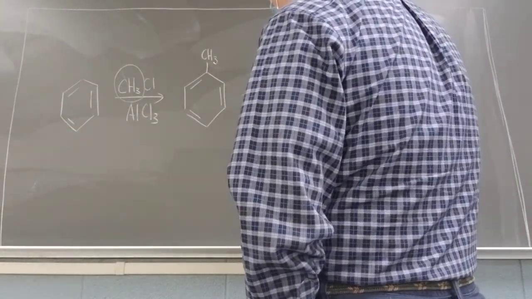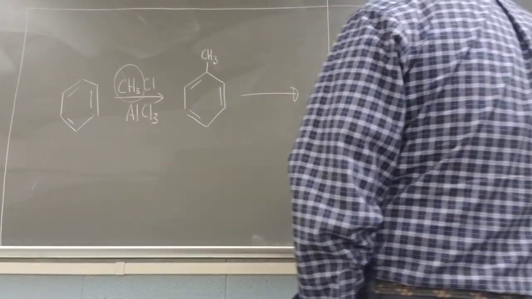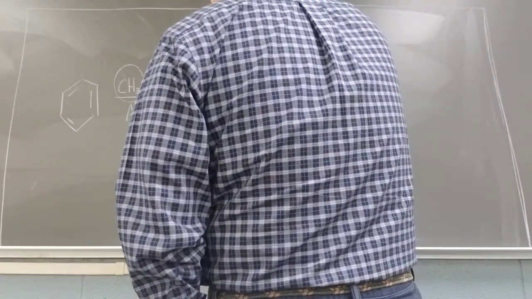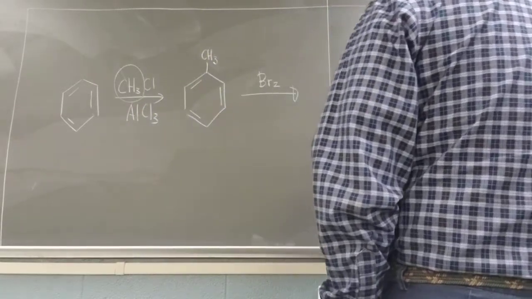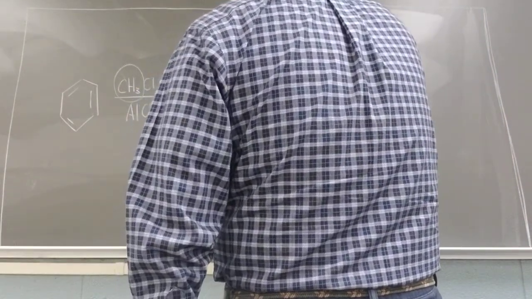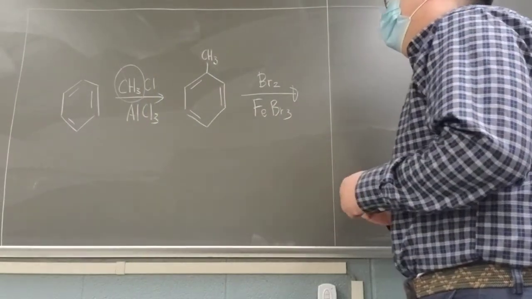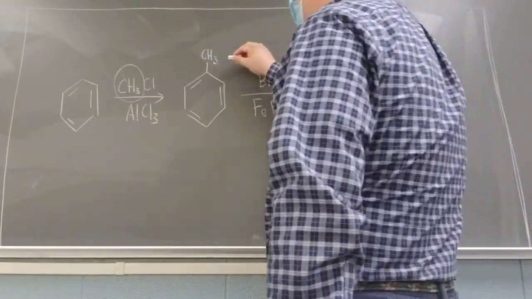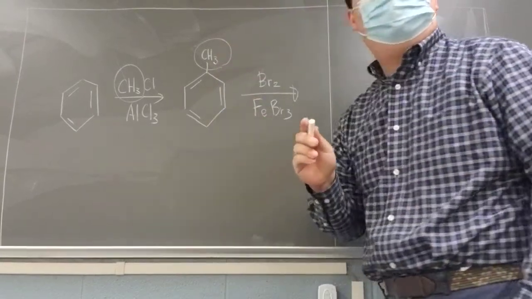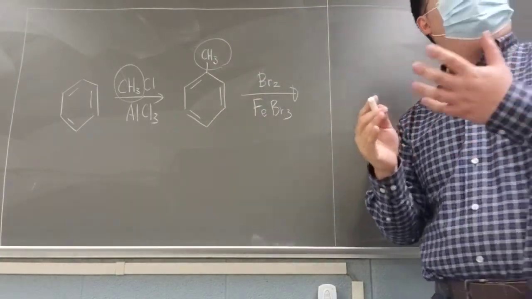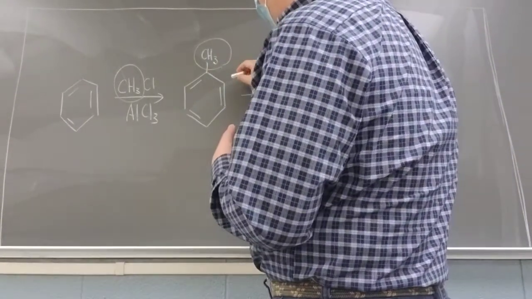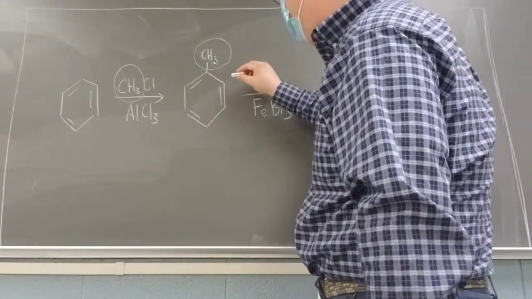Okay? So we have another one we do with the bromine, here with also the iron(III) bromide. So in here, because of the substituent effect, do you guys remember this? Either you're going to have the bromo group substitution happen at ortho or para.